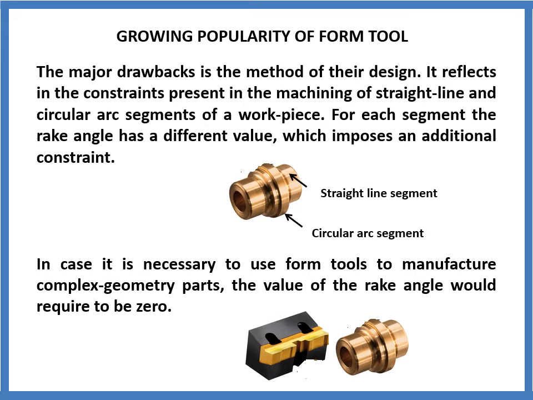In case it is necessary to use form tools to manufacture complex geometry parts as shown in this figure, then the value of the rake angle would need to be 0.